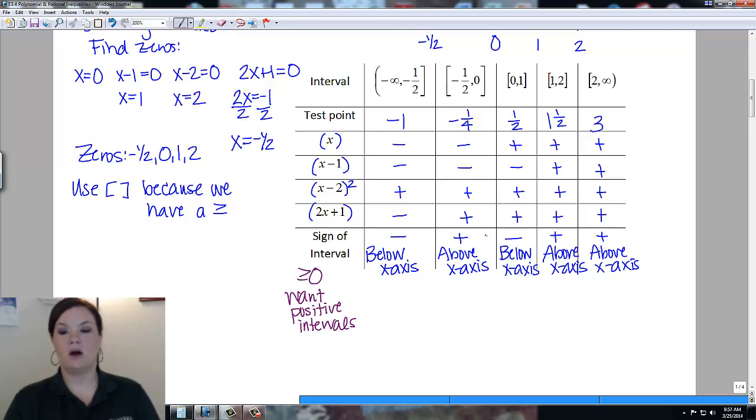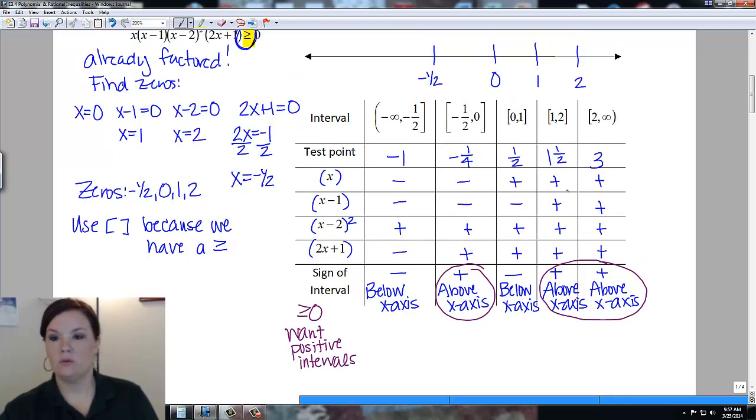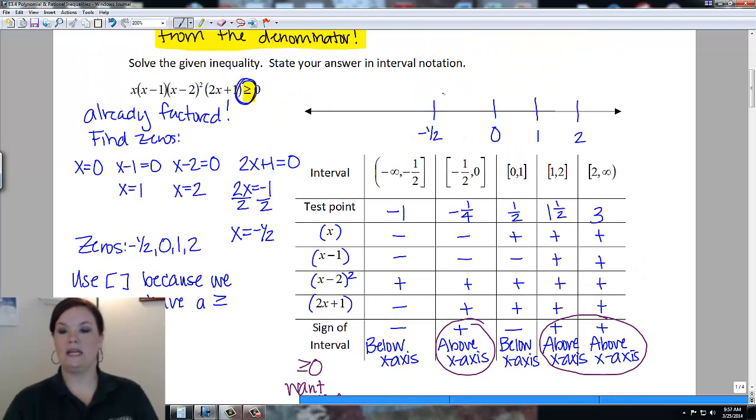So the ones that we got a positive value for was this interval and these 2 intervals. So that means if I go up here and graph it, between -1/2 and 0, that's a solution. Between 1 and 2 is a solution, and from 2 on to infinity is a solution.